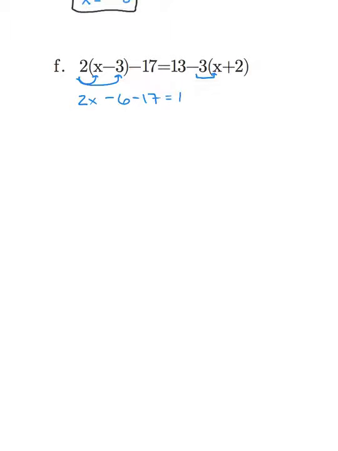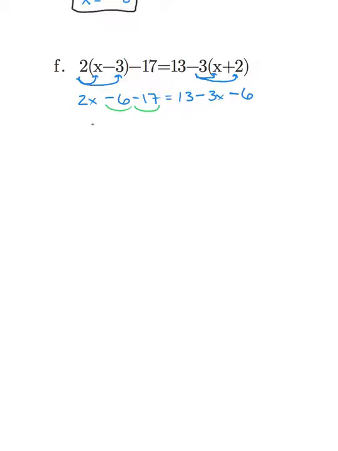So we get 13 minus 3x. And negative 3 times negative 2 is negative 6. From here, we want to go ahead and combine like terms. On the left side, I can combine my negative 6 and negative 17.